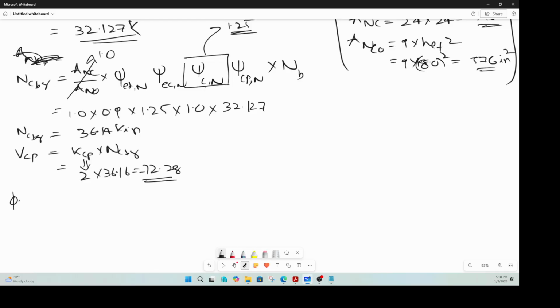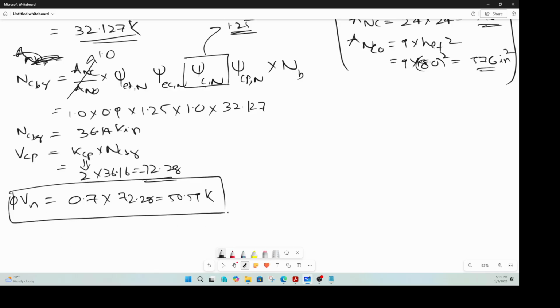What is the factored nominal? Your strength reduction factor, also in this case, is 0.7 times 72.28, 50.59. So that is 50.59 kips. Okay.